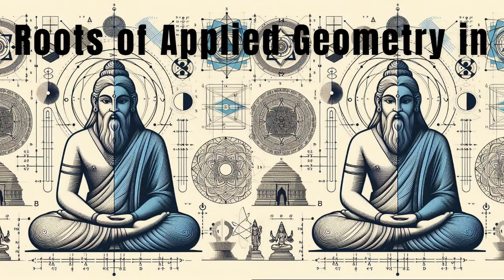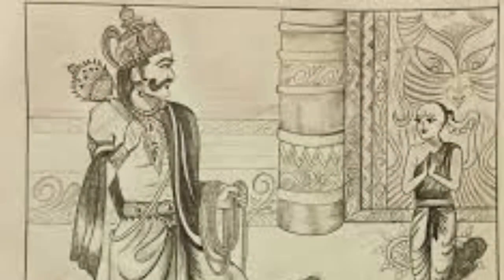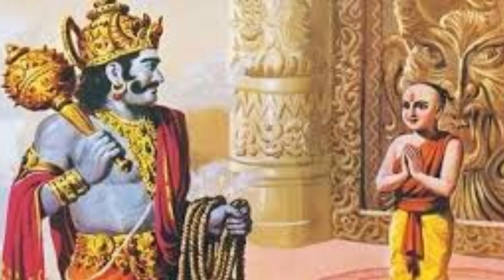The roots of applied geometry you will get in Yajurveda. Even from Rig Veda you'll get certain concepts, but basically it is from Yajurveda, where the Agni Gyan has been given to Nachiketa by Lord Yamraj himself, the Lord of Dharma. This is a huge knowledge system describing how different types of yagyas are to be performed, and it was very scientific.